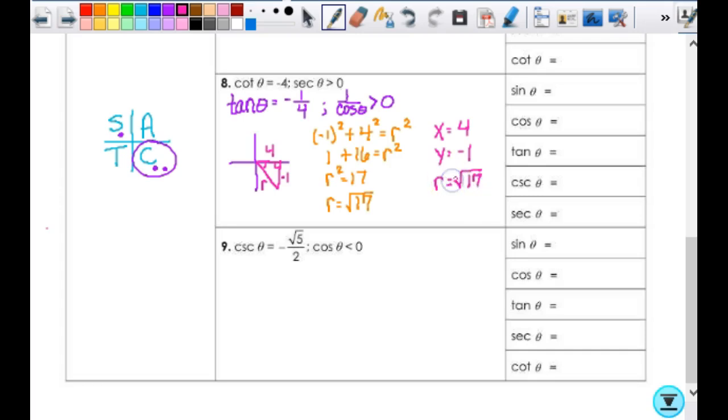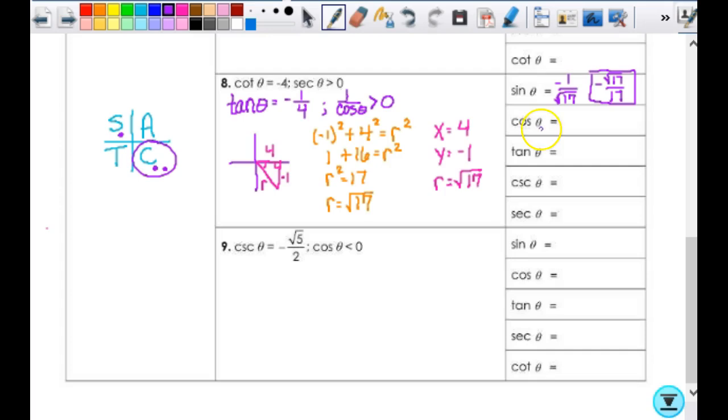So now that I have this, I can go and fill in all of my information over here. Sine, which is y over r, is going to be negative 1 over the square root of 17. Can't leave it like that, so I have to rationalize. And that's going to give me negative square root of 17 over 17.